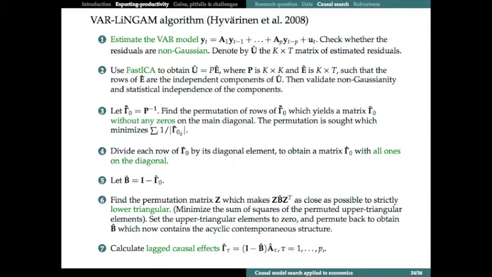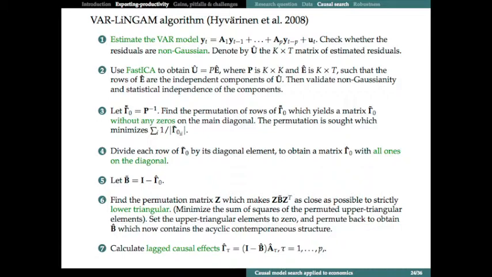And we have some tested ways to find this lower triangular matrix. And you set the upper triangular elements to 0 and permute back to obtain beta hat, which now contains the acyclic contemporaneous structure.